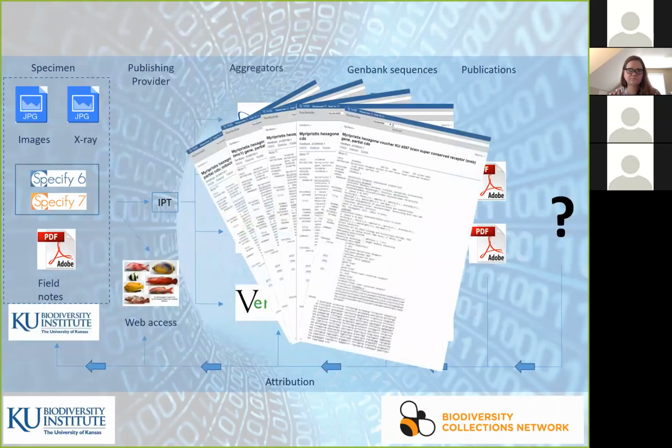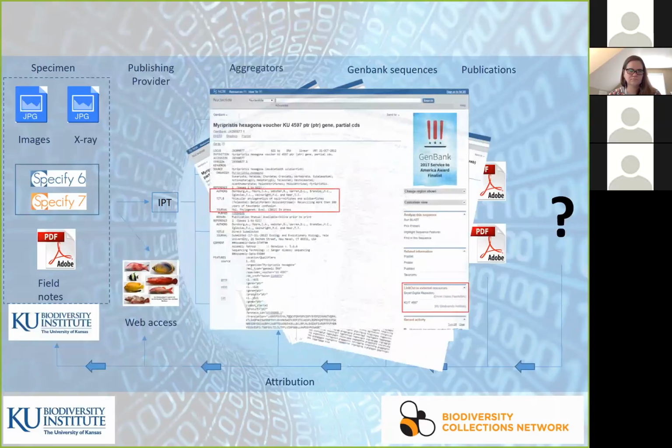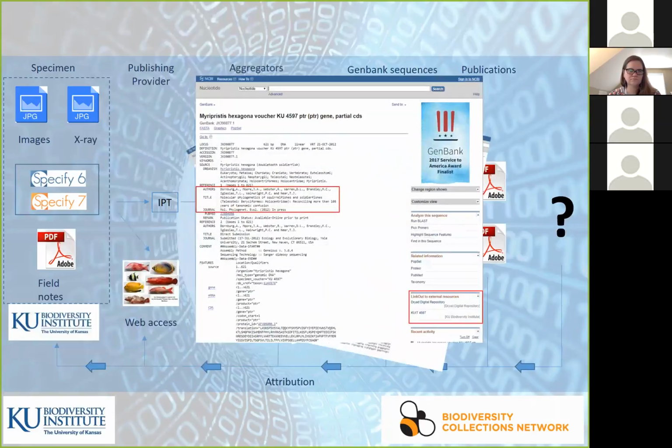Then we obviously have a whole bunch of GenBank sequences that are created associated with a particular tissue record in our database, and all of those GenBank sequences hopefully are then connected back to the actual record in our collection. Here again, you have a link to the actual publication that's associated with those GenBank sequences.